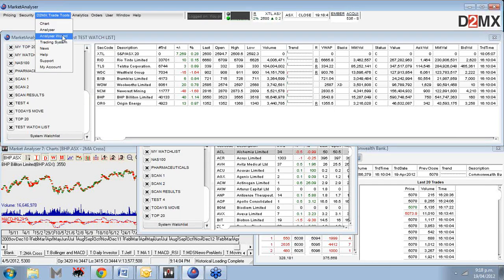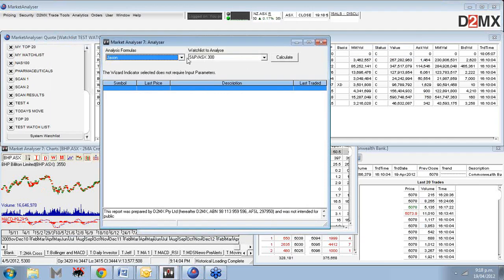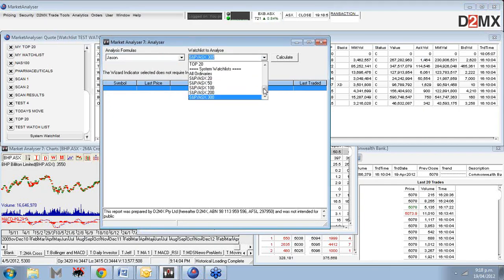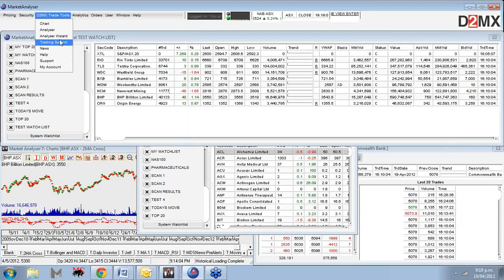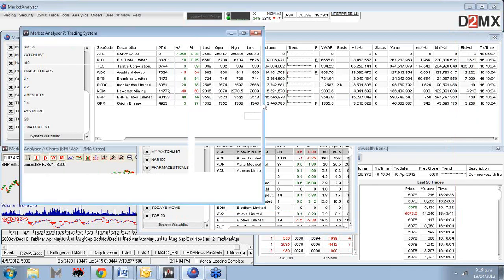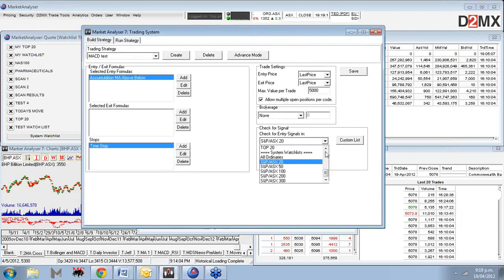So I could go back either into the analyzer and do a test today, come in here and have a look at my watch lists. There's the test watch list in there. So I could scan that for the criteria, or I could go back into the trading system, and again it's one of my watch lists in here.